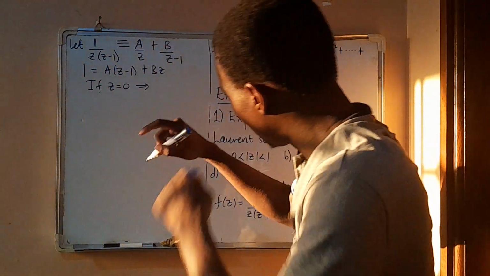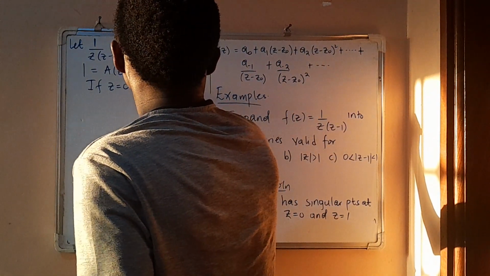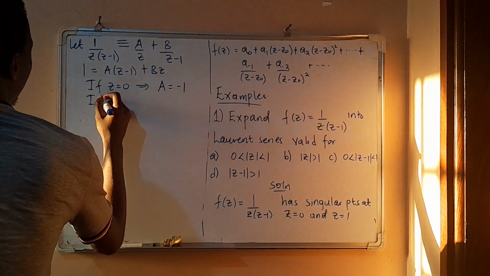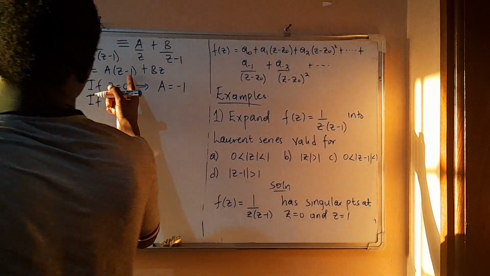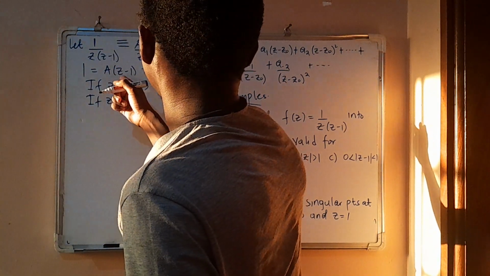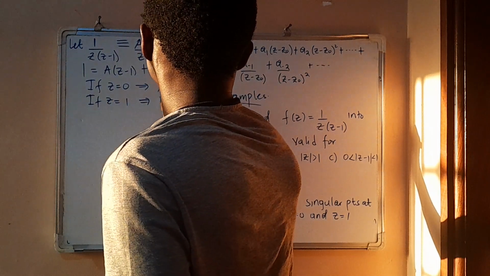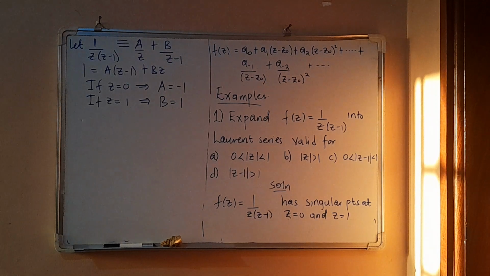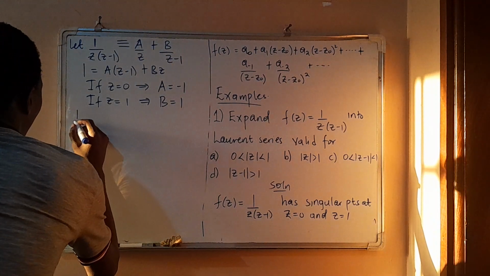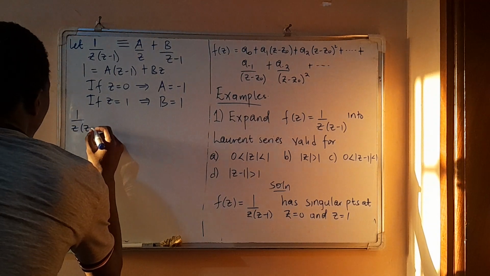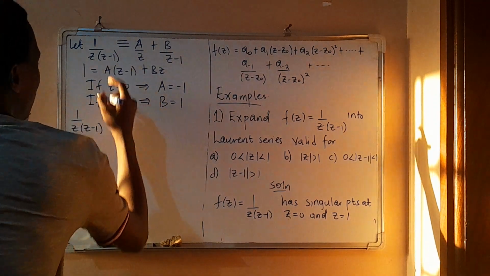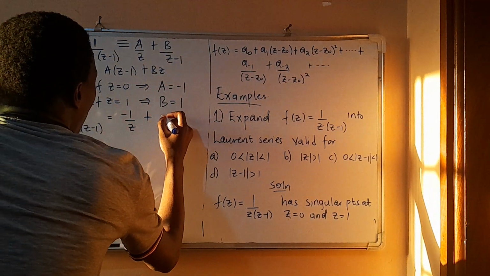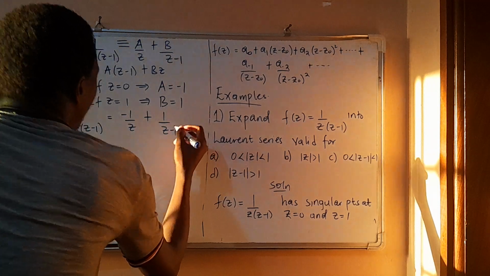We shall get a as negative 1. If z is 1, we shall get b as 1. So we can rewrite our function 1 over z(z minus 1) as negative 1 over z plus 1 over z minus 1.